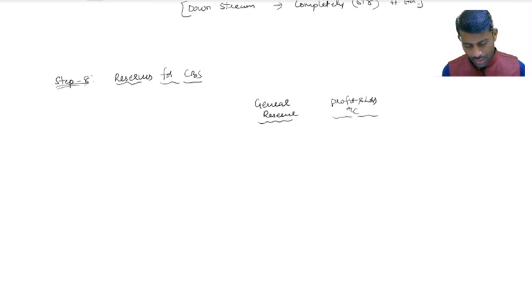To start with, H Limited balance as per balance sheet: general reserve is 1 lakh closing balance, and P and L is 1 lakh 50,000.